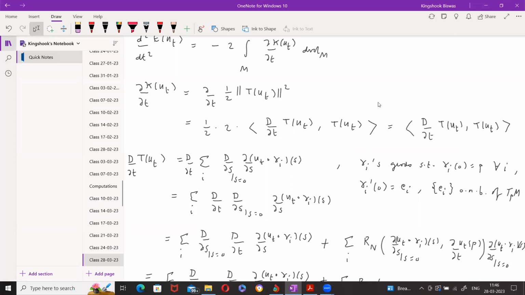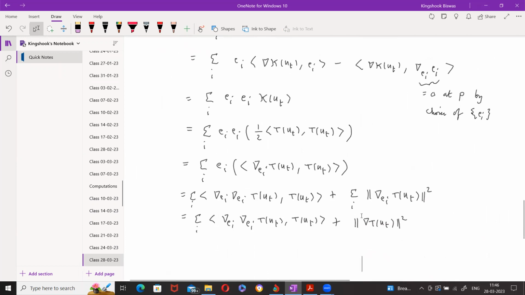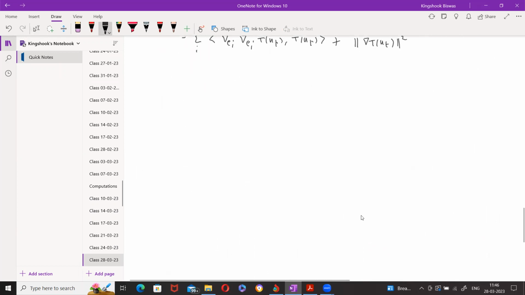So this del del t of tau ut we computed below, so we substitute that here. So now we get the following: del t of kappa ut is the inner product of del del t tau ut with tau ut.